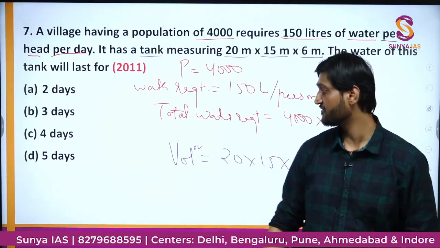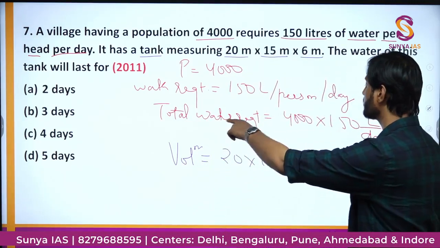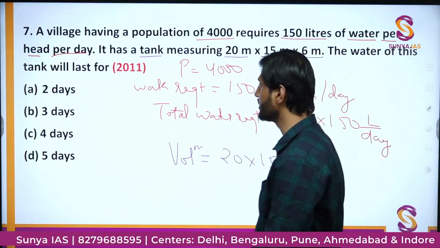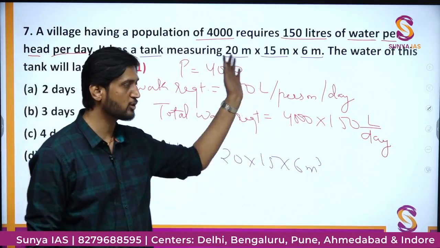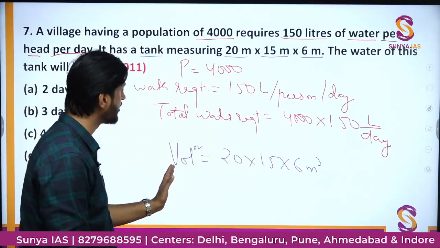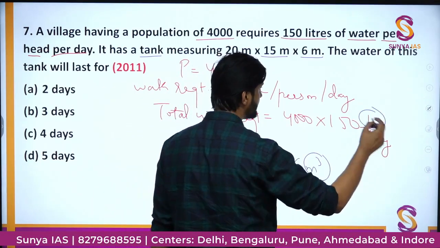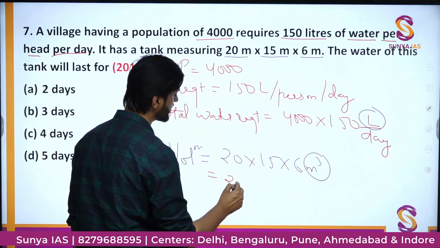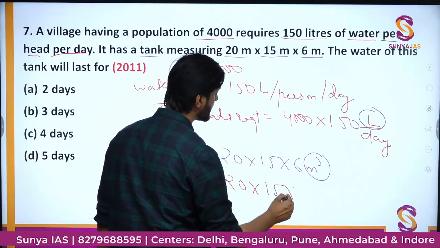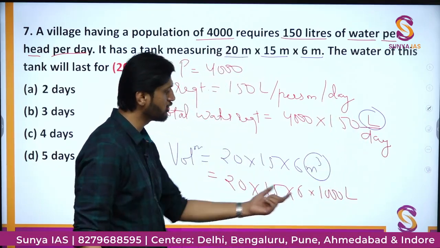So the thing is, if the tank is filled completely, for how many days will it be able to provide water for whatever needs of the particular village. So here we have the volume. Now this volume is in meter cube, and here we have the demand in liters. So let us convert this meter cube into liters. Simply we will have 20 into 15 into 6 into 1000 liters. That is the volume in terms of liters.